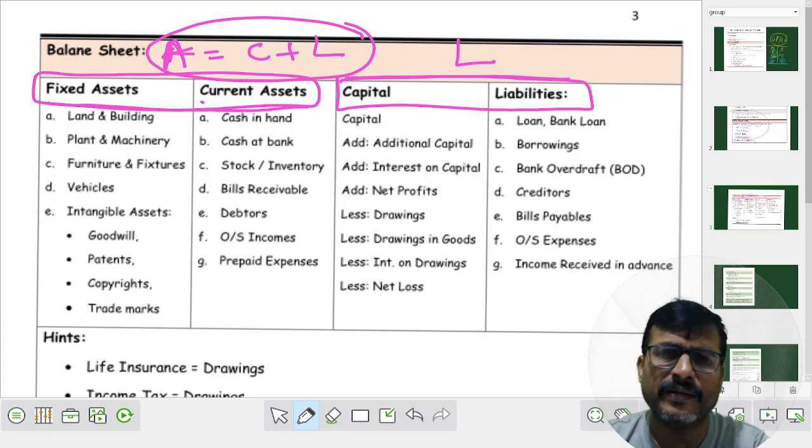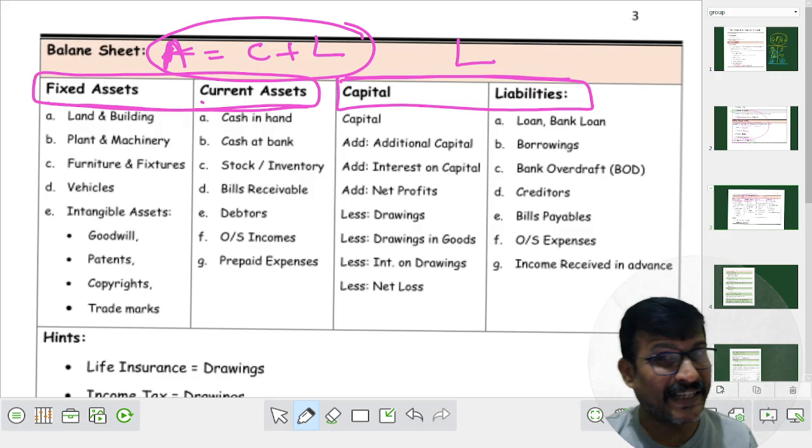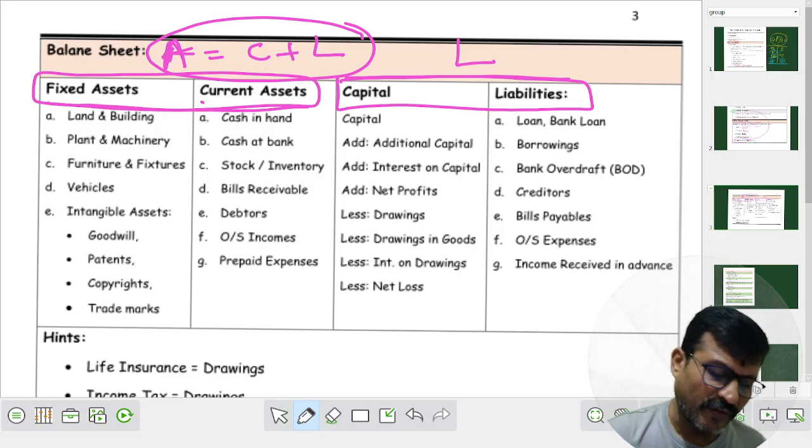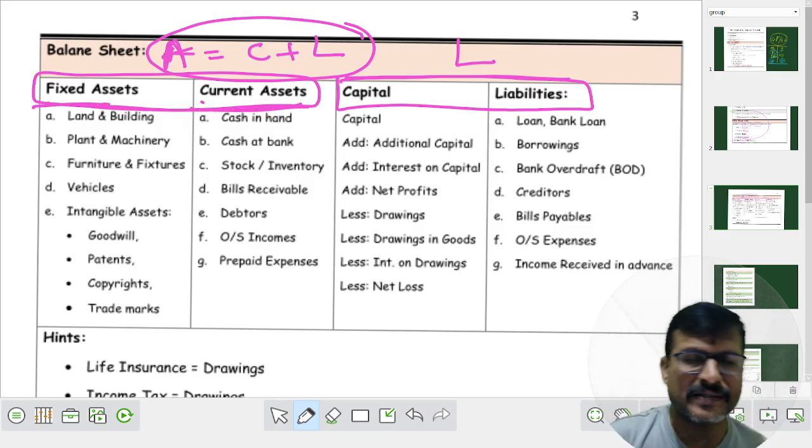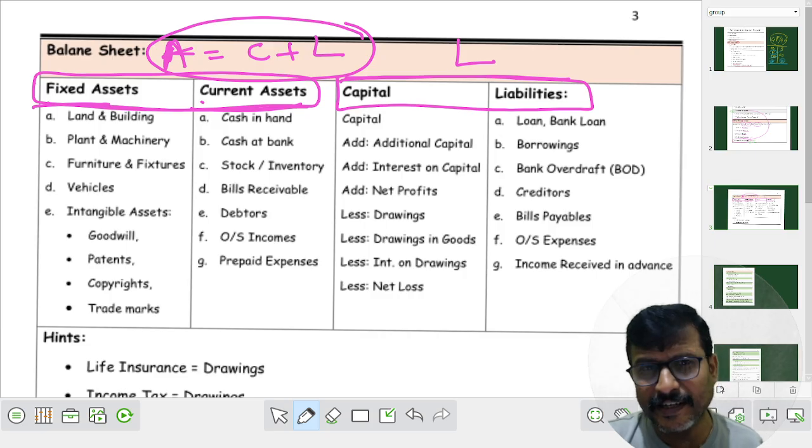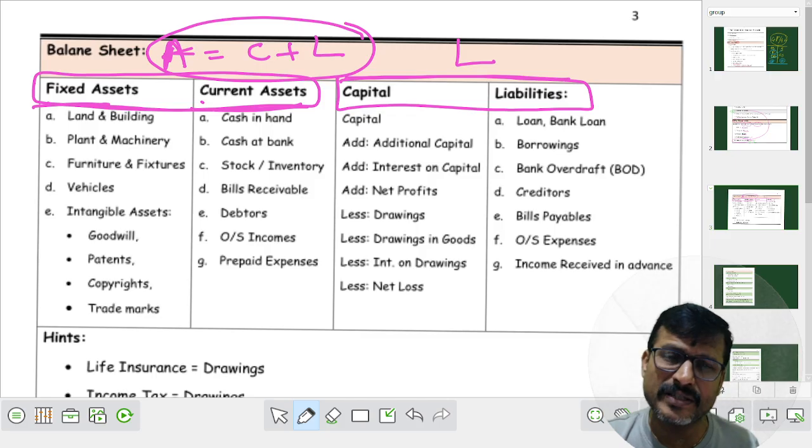My dear student, as we know very well, assets include two things, fixed assets and current assets. In fixed assets, we have tangible assets and intangible fixed assets. What are the tangible fixed assets?